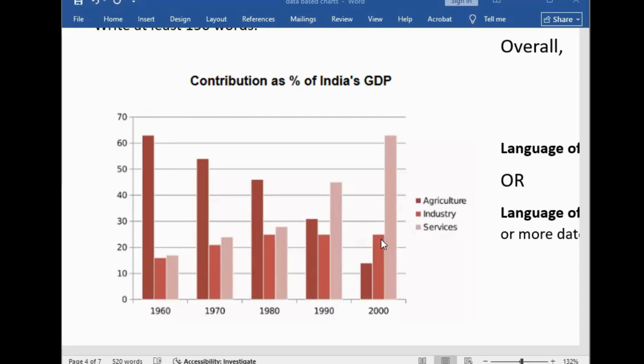So industry also increased, but then it became stable. What of agriculture? Agriculture reduced throughout. You can see that the bar for agriculture is getting shorter and shorter. That shows that the contribution of agriculture reduced during the period.